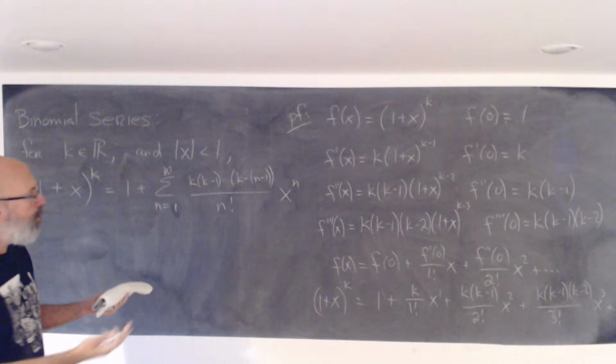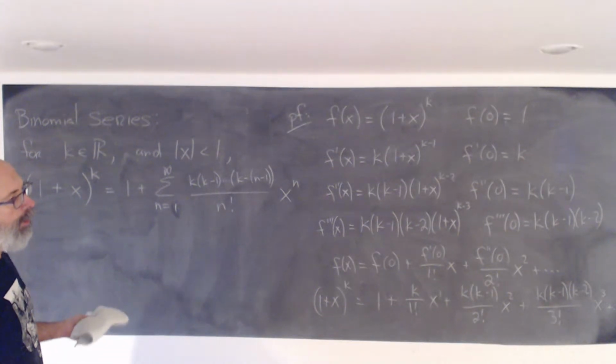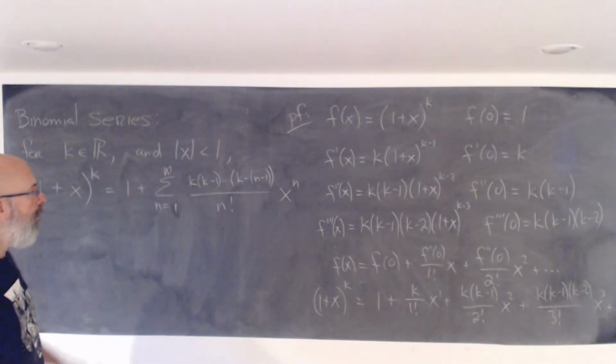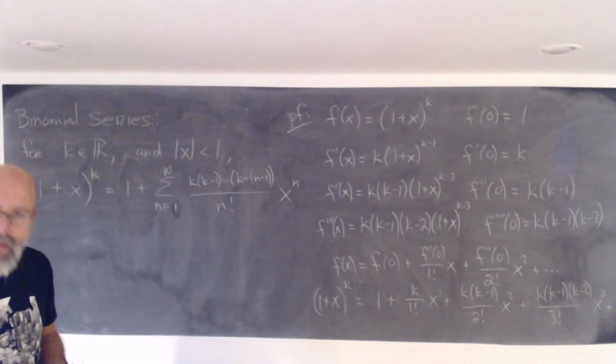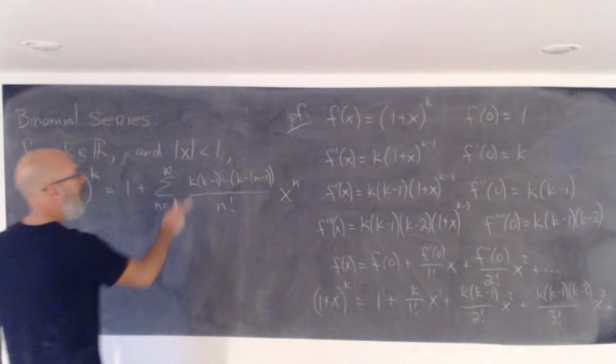If you choose to adopt the notation in the book, that n choose k business, then that's what it is.